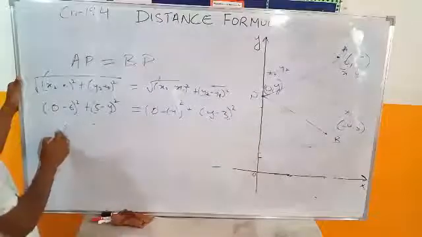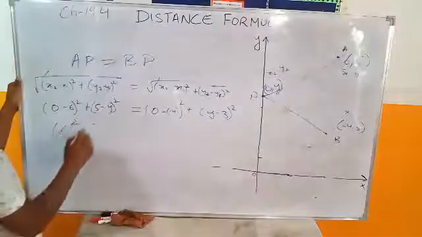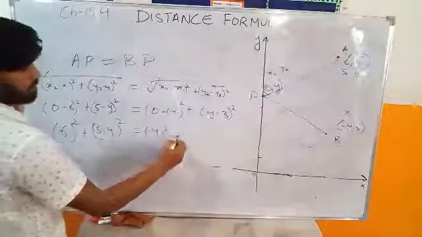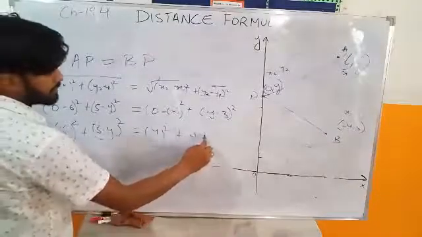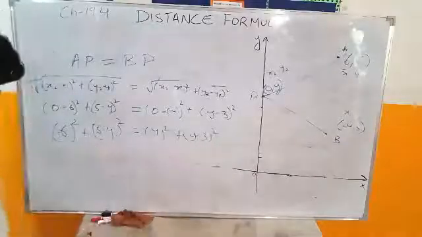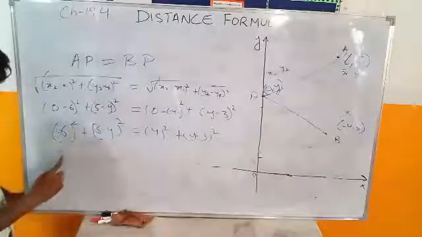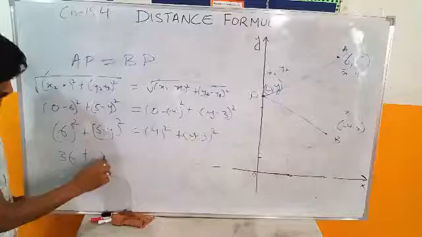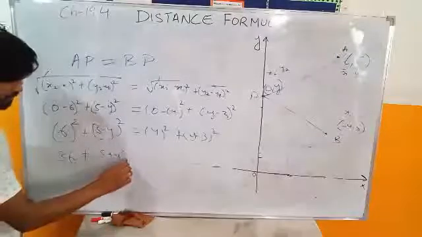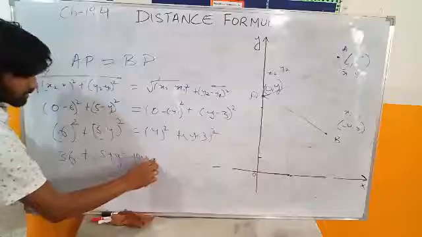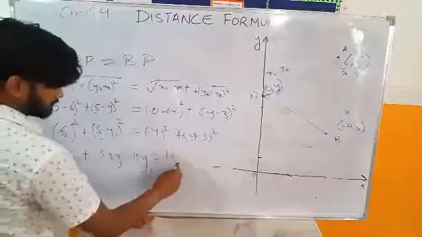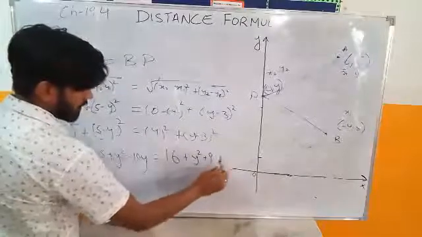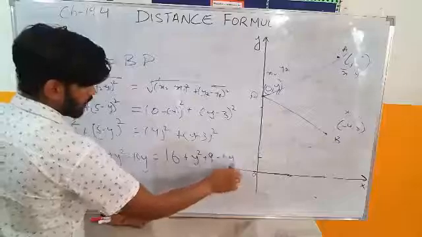Now if I solve this, this is going to be (6 minus 6) whole square plus (5 minus 5) whole square. This will be 4 square plus (y minus 3) whole square. Now you know that I can solve this, and the number that comes out is 36 plus 25 plus y square minus 10y equals 16 plus y square plus 9 minus 6y.